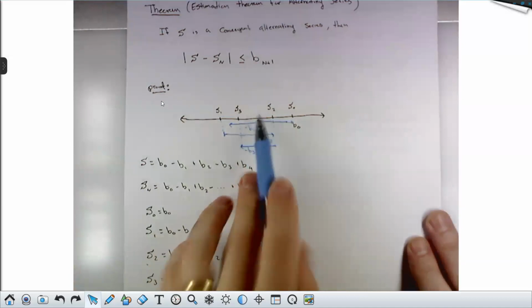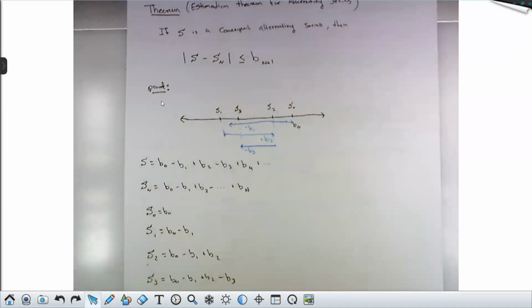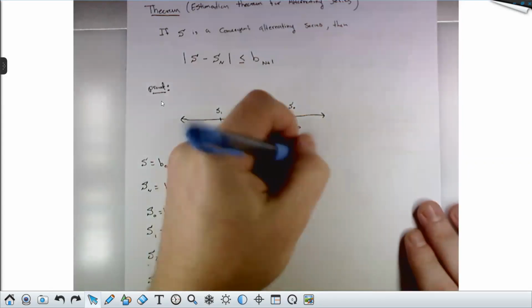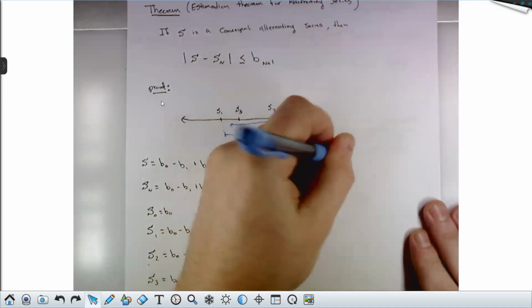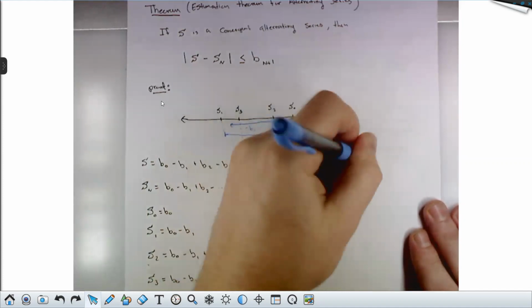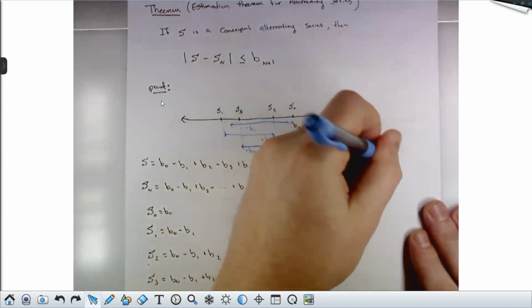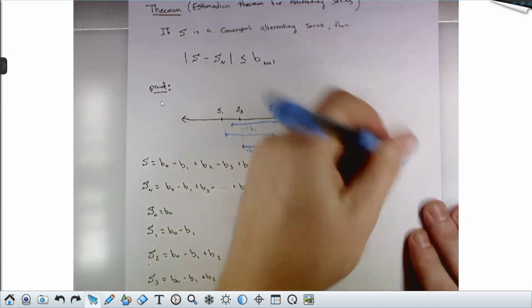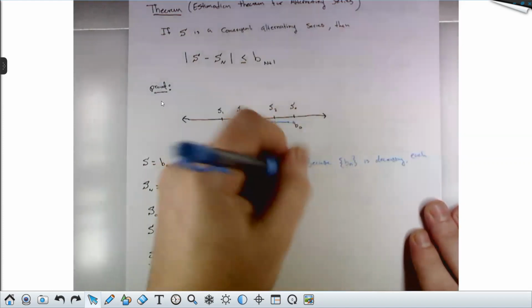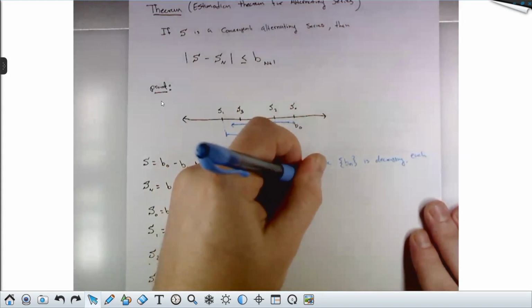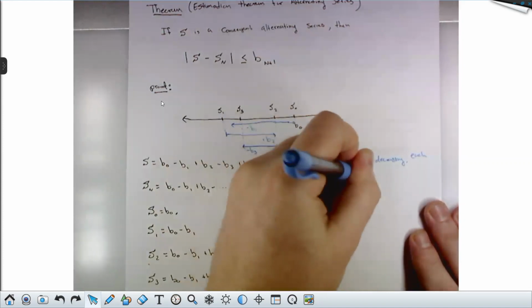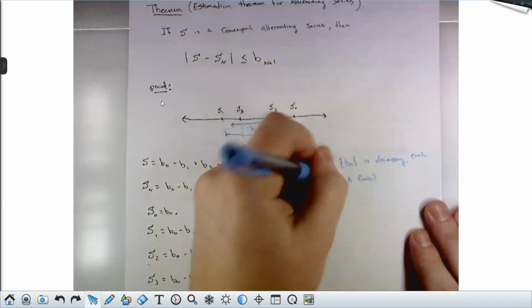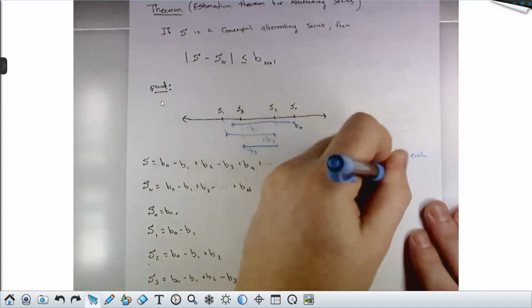But because the B n's are decreasing, each bounce is smaller than the last.